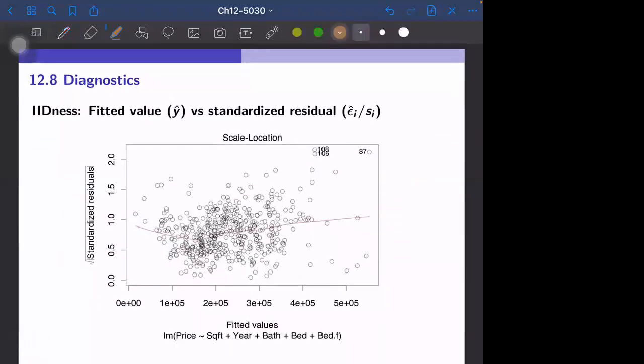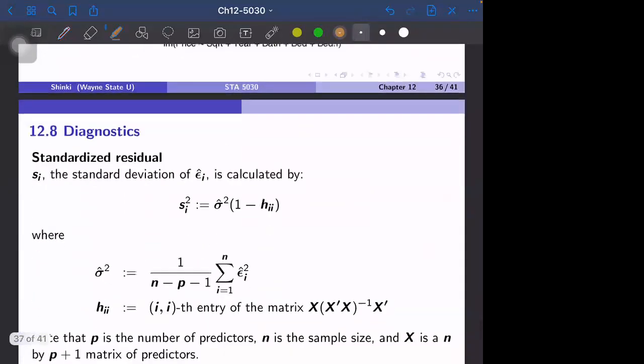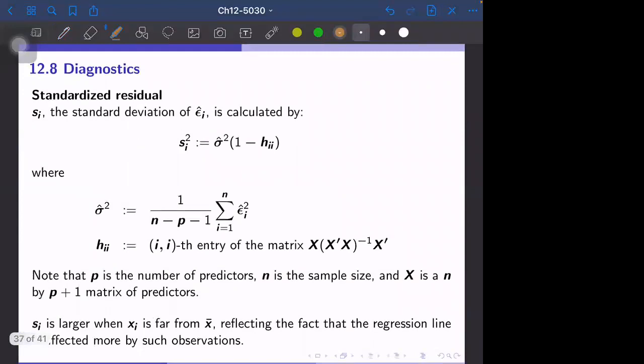Here actually the y-axis, the vertical axis, is the standardized residuals. It's slightly different. And the standardized residual is defined as this.